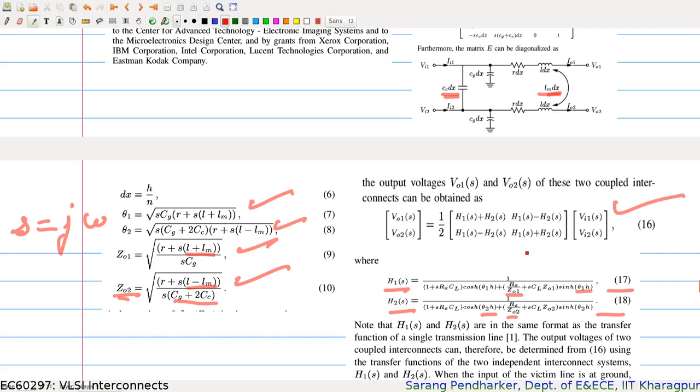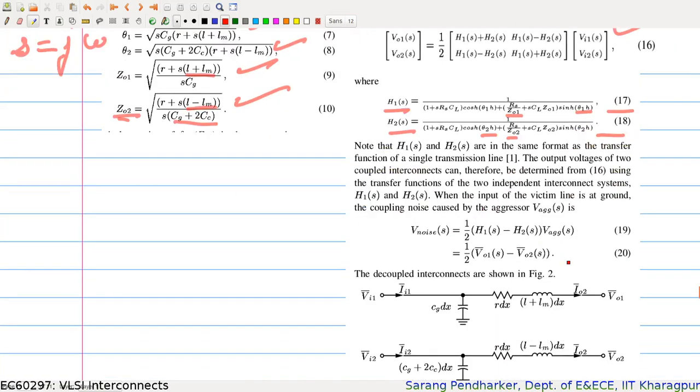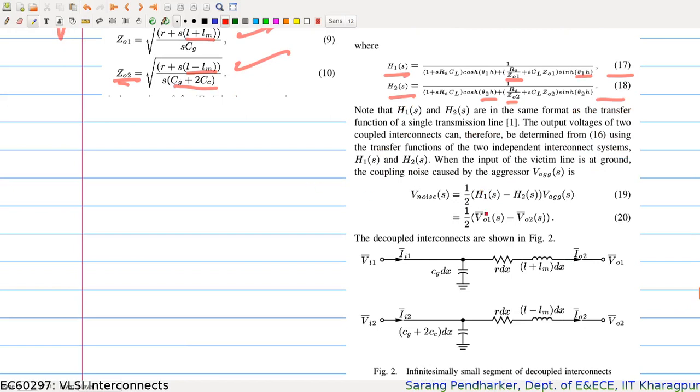So with the understanding of inductive interconnects and the coupling analysis which we have seen, you should be able to look into this. Very interestingly, they talk about this crosstalk noise, and this is the noise in the frequency domain. So basically in terms of omega, this is not in time domain, this is frequency domain noise. This you should keep in mind.